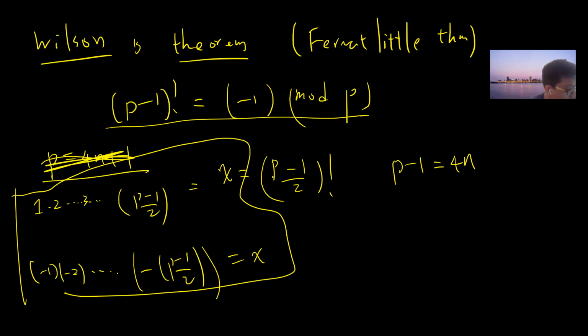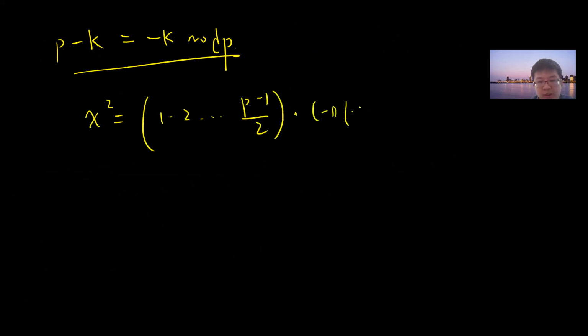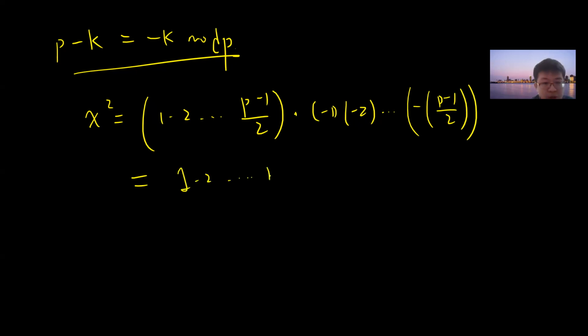Okay, so from here, you can also check that P minus k is just minus k mod P, right? So that means your x squared is basically 1 times 2 up to P minus 1 divided by 2, times minus 1, minus 2, up to minus P minus 1 divided by 2, right? So combine these, you get 1 times 2 up to P minus 1 divided by 2, and then this is changed to P plus 1 divided by 2.